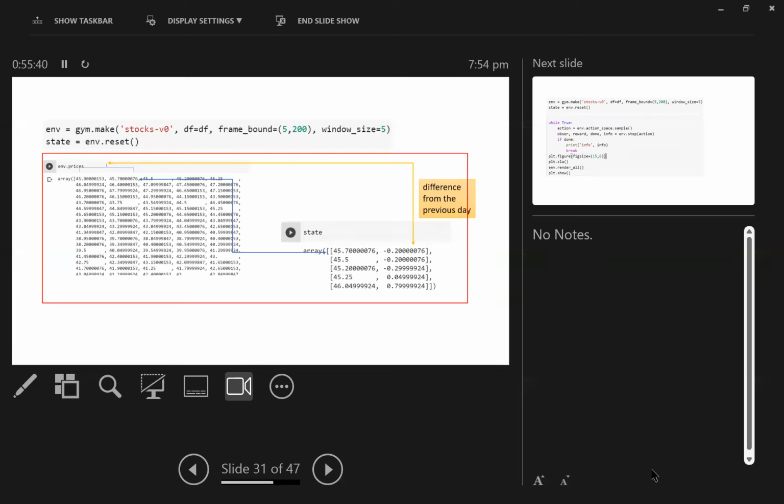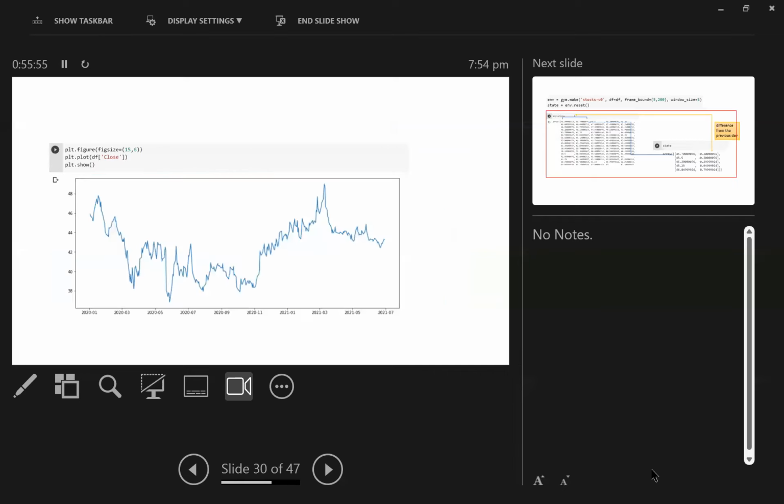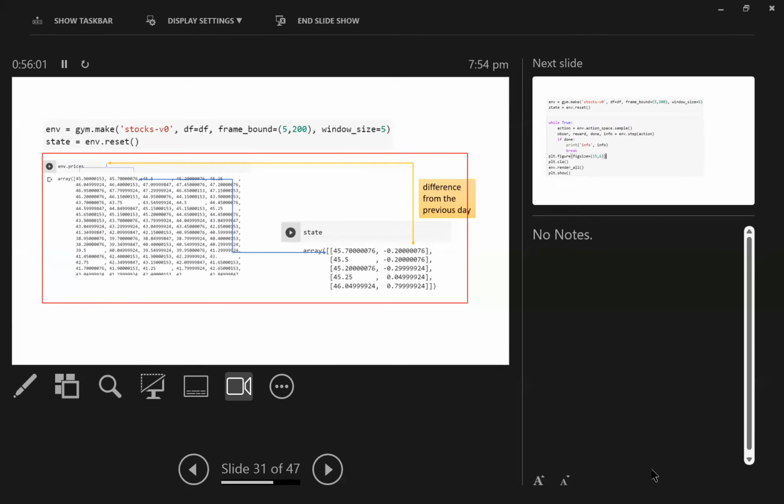Initially, you can use the environment's function called prices to see the basic period of price that we're working on. You see there's a lot of that. Basically, this is the closing price for the stock.